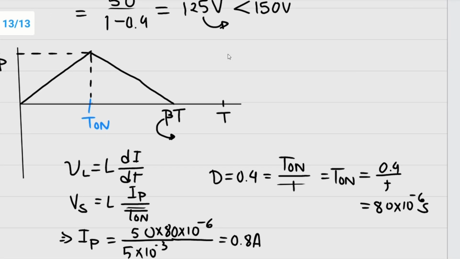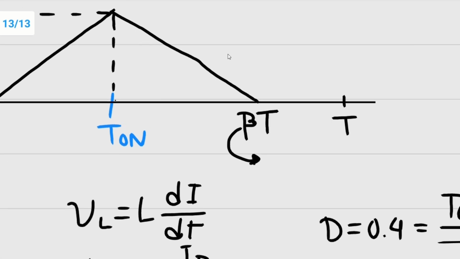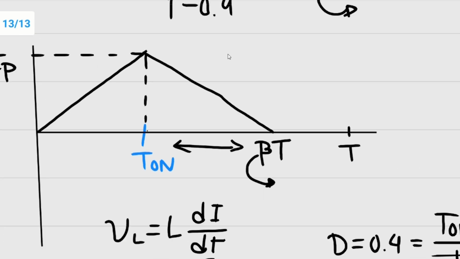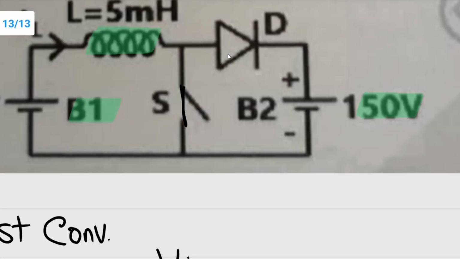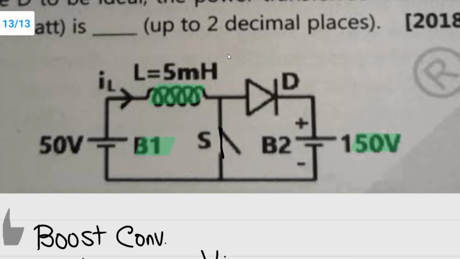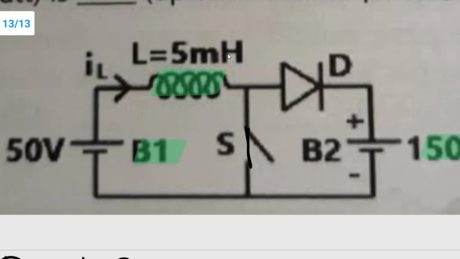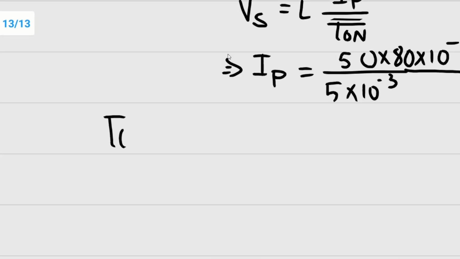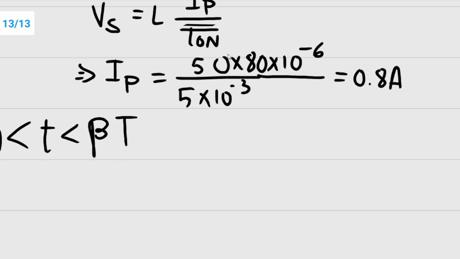Now during T off, after T on, during this period, the voltage across the inductor is VS minus V output. So during T off, from T on to beta T, the inductor voltage is nothing but VS minus V0.